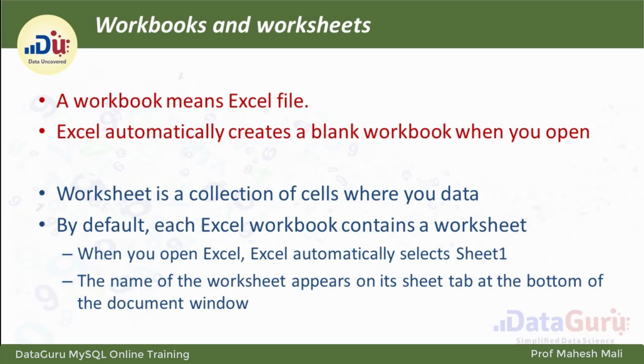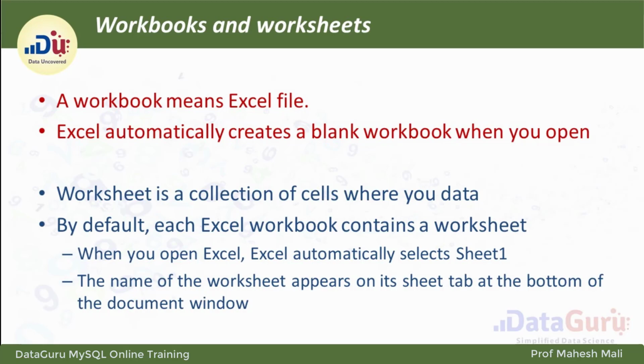Worksheet means a page on which you are working is called a worksheet. In a single workbook, that is an Excel file, we can have multiple worksheets. Okay, in one worksheet we can store something different, in a second worksheet we can store something different.